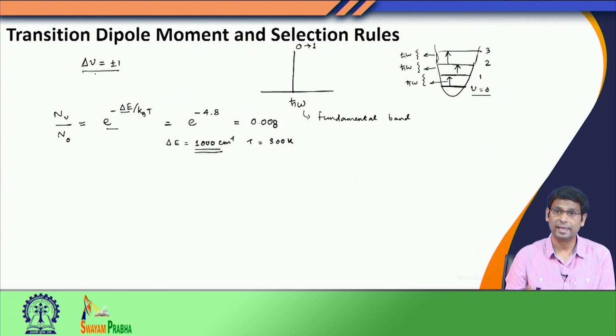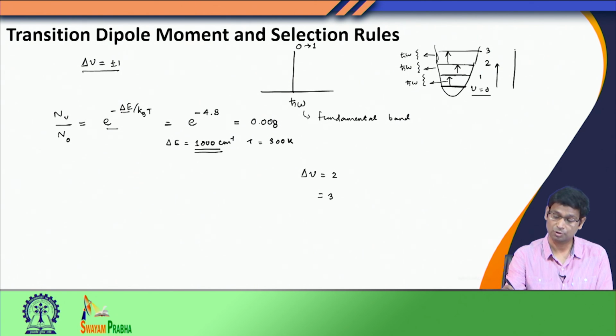However, suppose we consider higher order contributions of the dipole moment operator. In that case, what would happen? Delta v equals 2 or delta v equals 3 would also be allowed. In that case, 0 to 2 and 0 to 3 transitions will also occur.